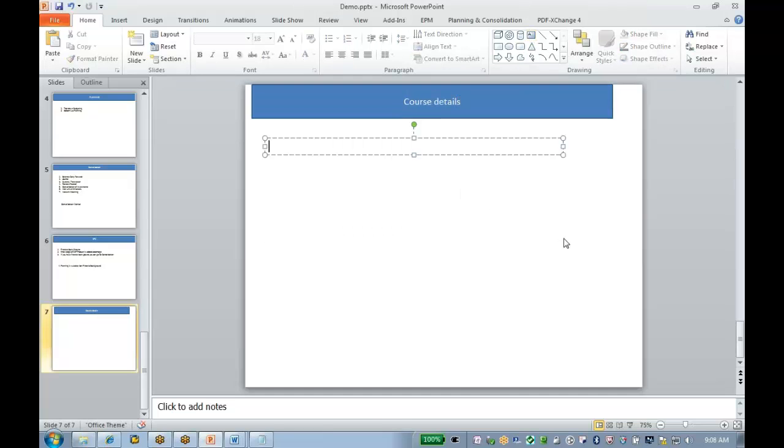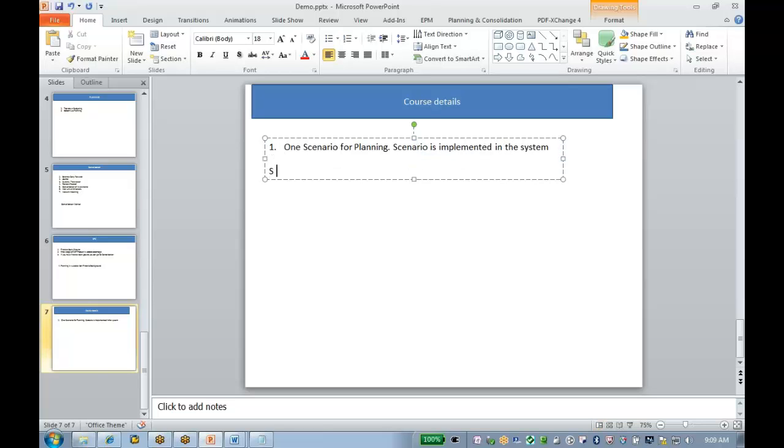See, basically, one scenario for planning is implemented in the system, step by step.